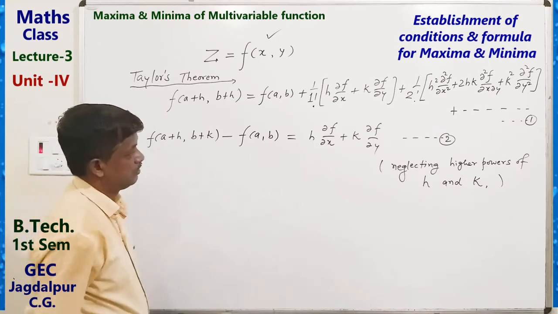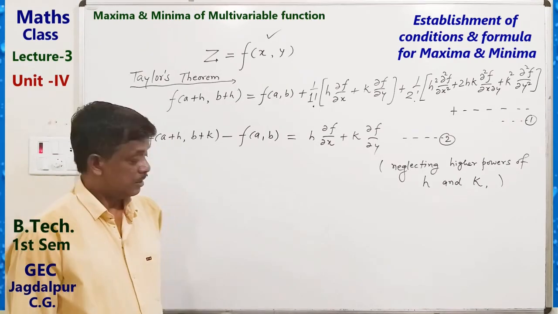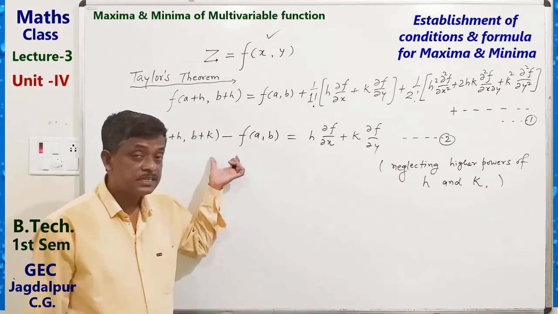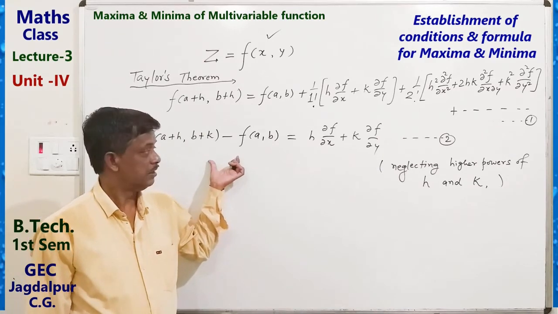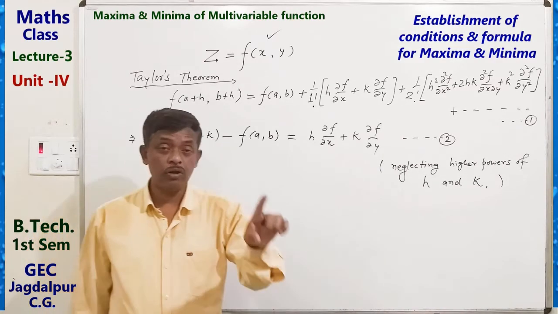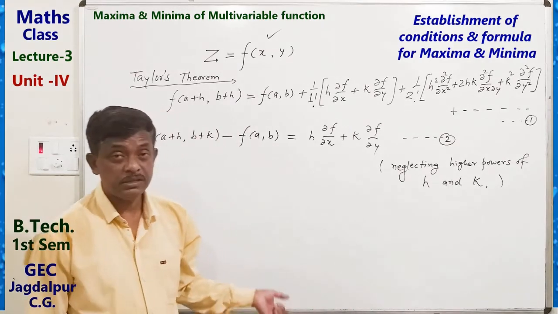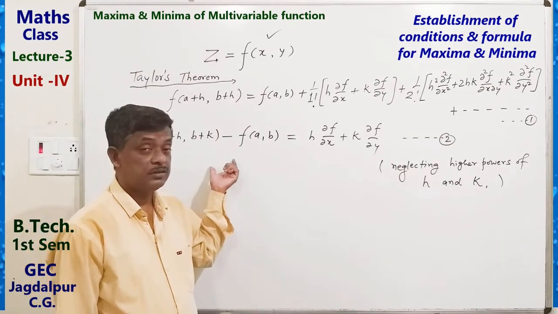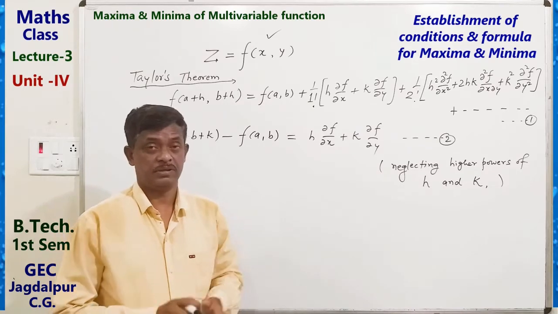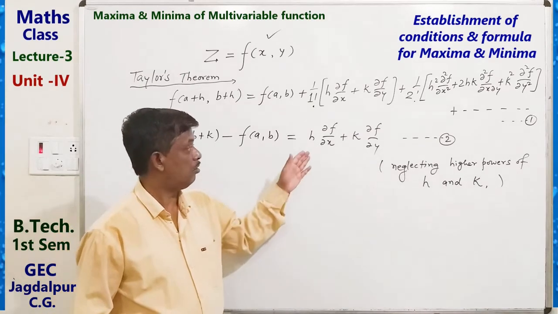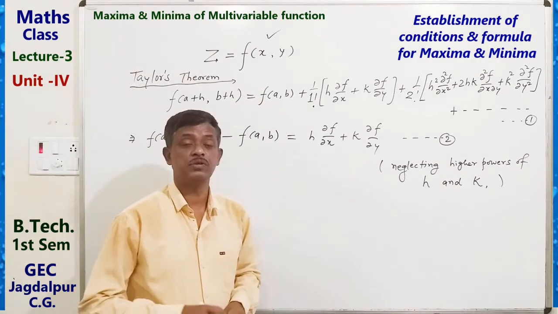Now, see, if this is negative for all h and k, for all h and k means its sign should be the same for all small values of h and k, may be positive, may be negative.